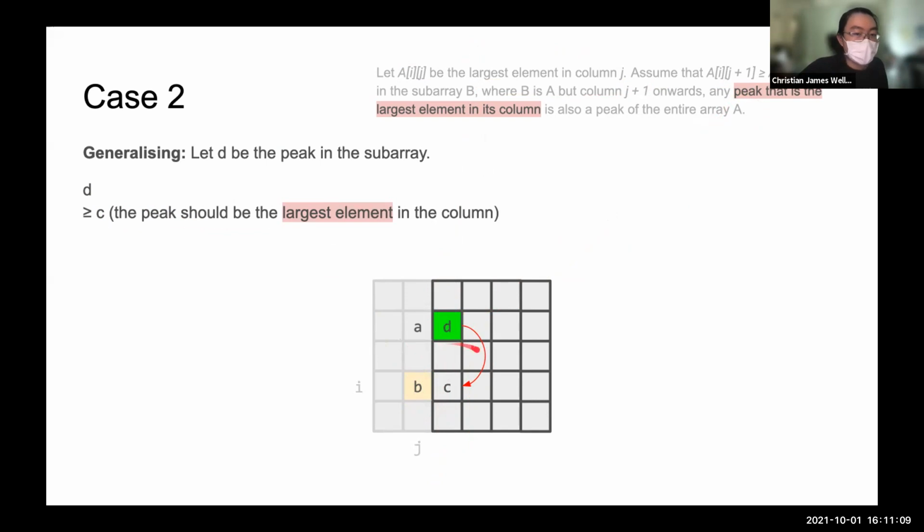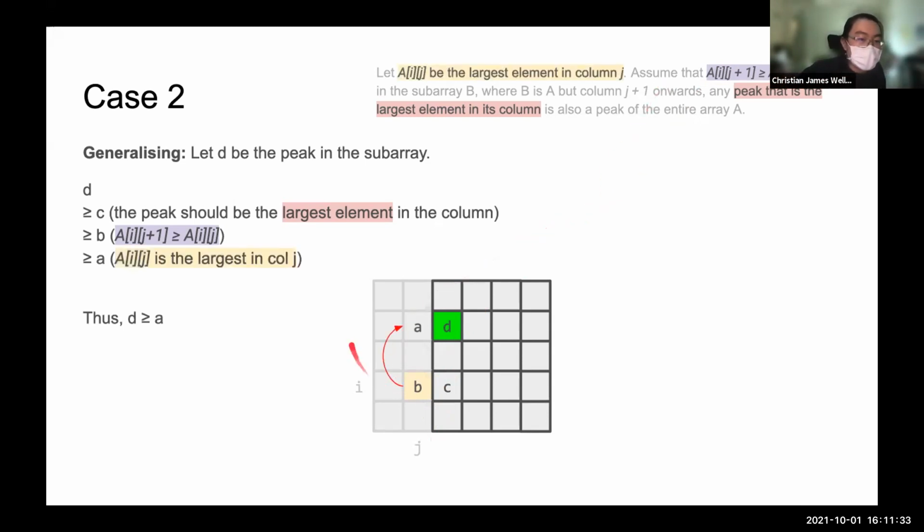So D is greater than or equal to C. After that, C is greater than or equal to B because of the property that we assume: the neighbor, a[i][j+1], this guy over here, C, is larger than or equal to a[i][j]. This is the property we are assuming.